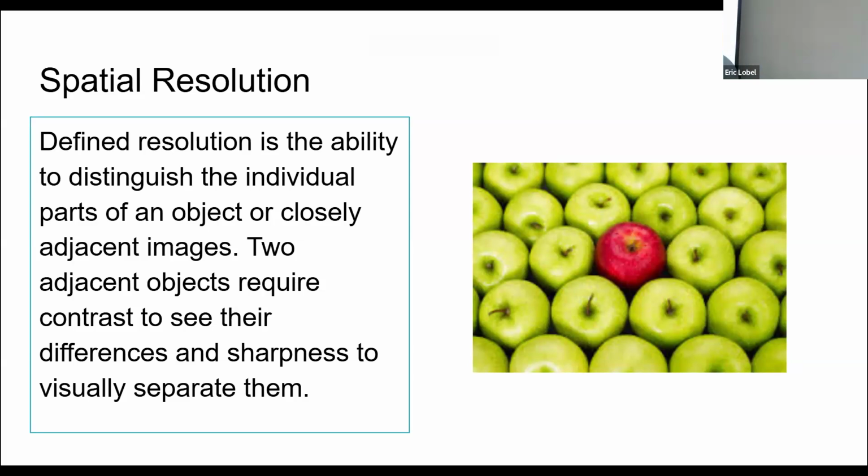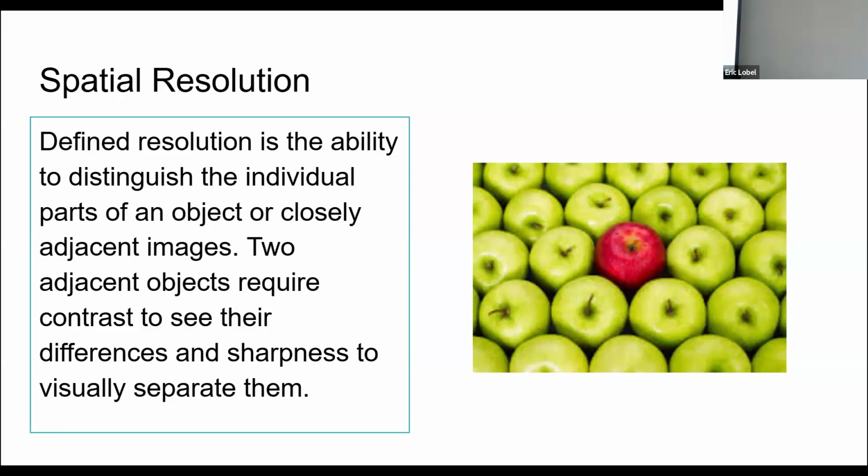When I realized it, I decided to leave it in because it's a good discussion point to start off this portion of the lecture. So spatial resolution, if this apple were red, excuse me, it is red. If it was green and matched all the other ones, then we might be able to say that spatial resolution is the ability to count all the apples, to see where the edges end and meet up with another apple.